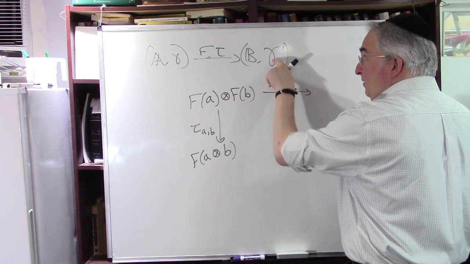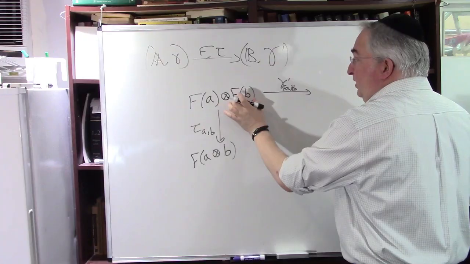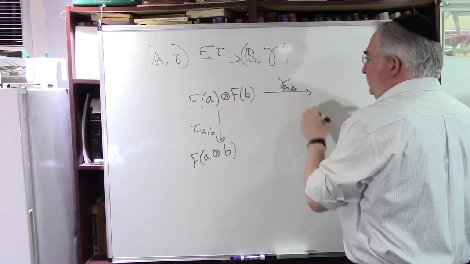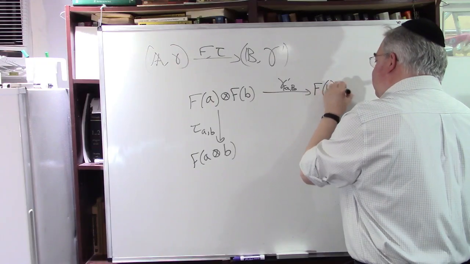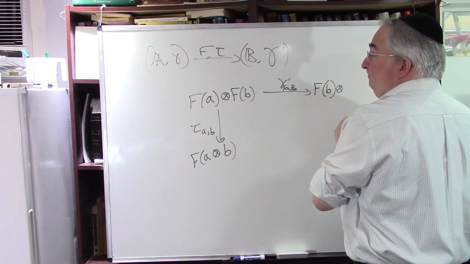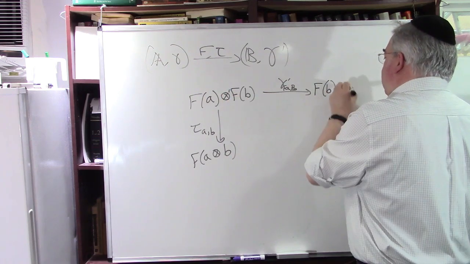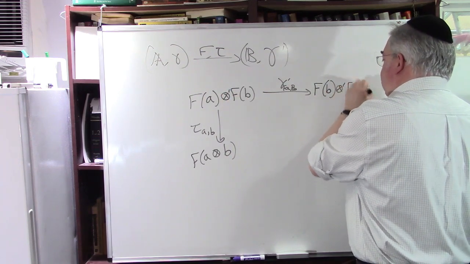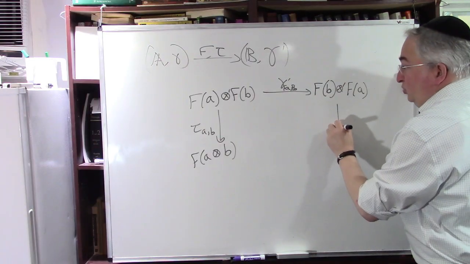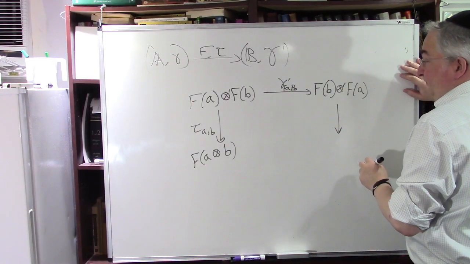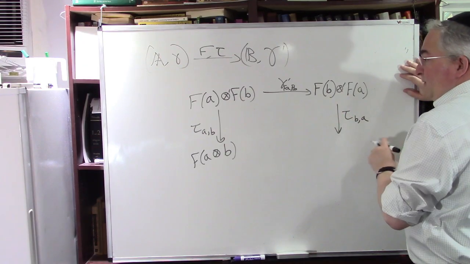That's gamma prime, because F of A is in B prime, F of B is in B prime, so this is going to be F of B tensor F of A, and we can do tau B comma A.